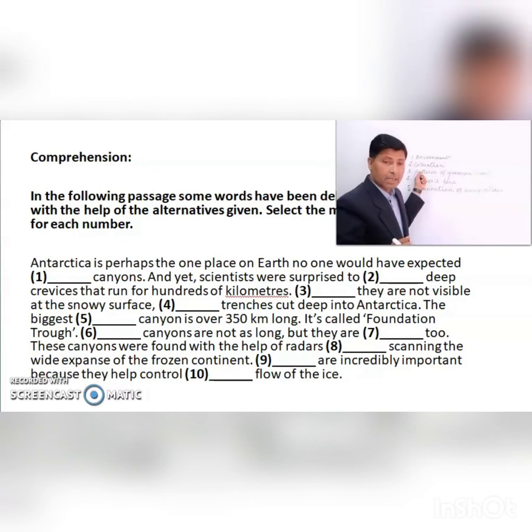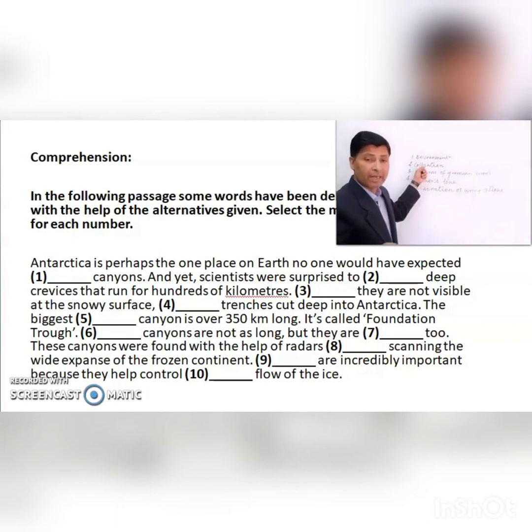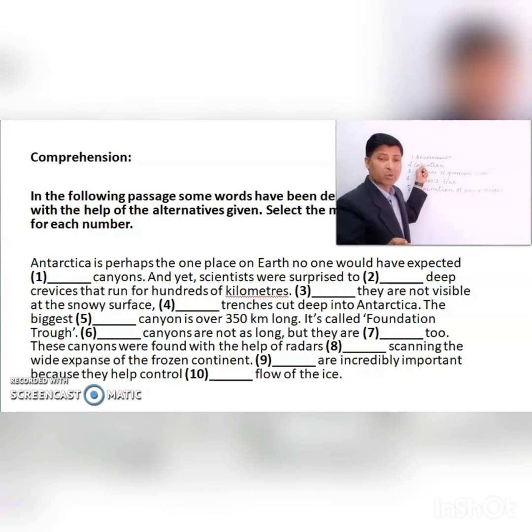Then these canyons are not as long, so again patterns of grammar, but they are impressive too. So this is collocation. Next, these canyons were found with the help of radars after scanning.